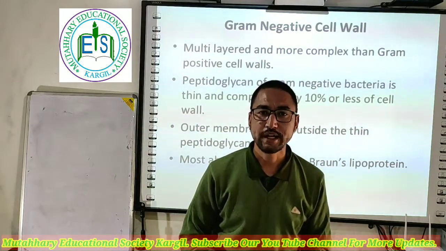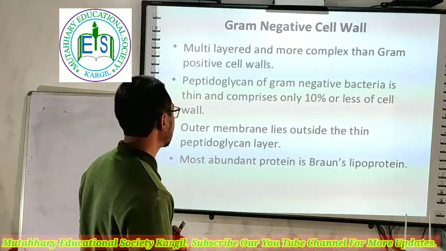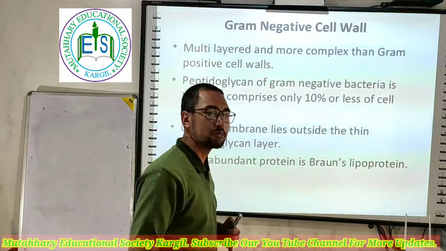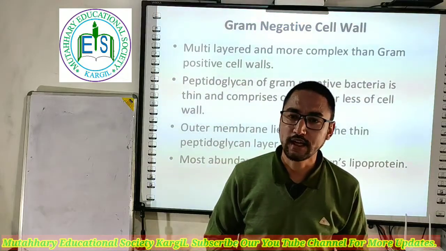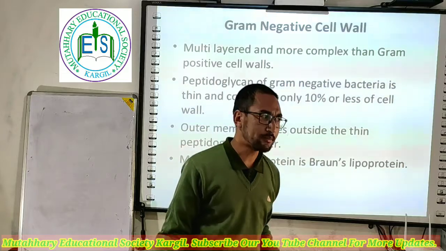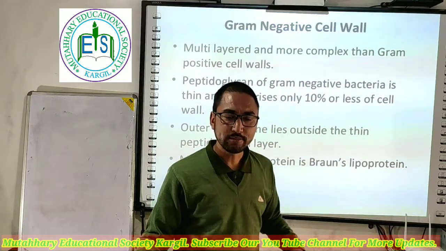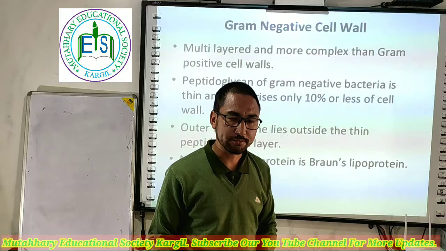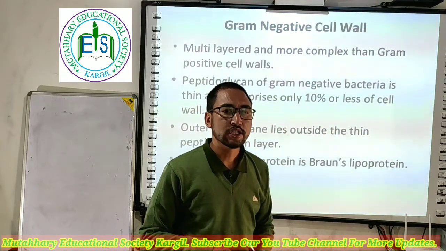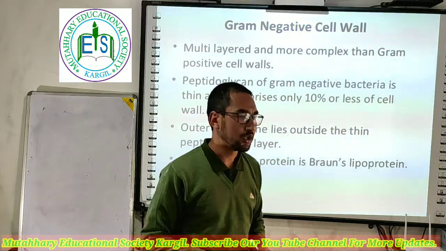Moving on to the gram-negative bacterial cell wall. It's multi-layered, as you have already seen, and a little more complex compared to that of gram-positive bacteria. Gram-positive bacteria are very simple: cytoplasmic membrane, and then the peptidoglycan layer. In between the peptidoglycan layer you have the embedded teichoic acid molecules.